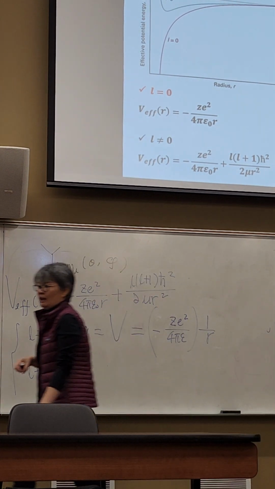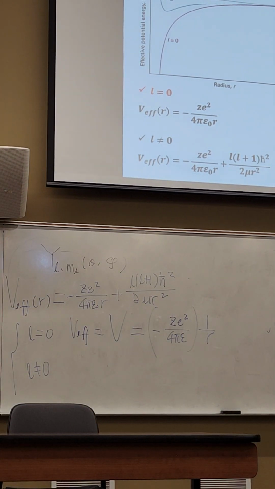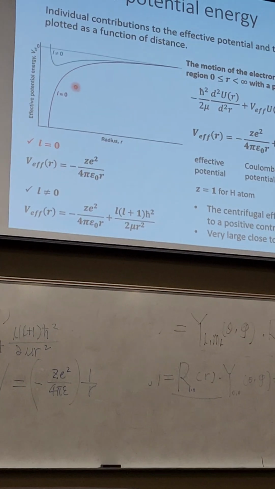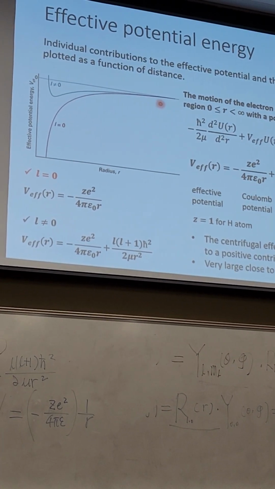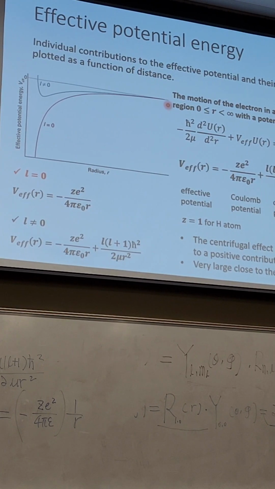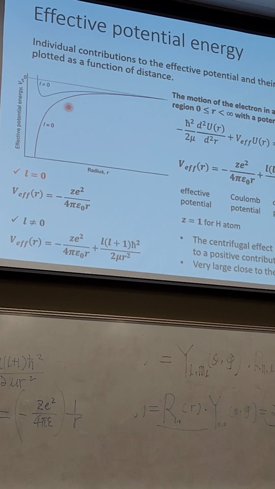So if you sketch that V in terms of r, it will look like this. It's all negative. As you increase r, the potential energy approaches 0. So the effective potential curve will look like this. Now, if you have two terms, then it's a summation of both. One is from the Coulomb potential, the other one is from the centrifugal potential. Now you have to add up and see which dominates.